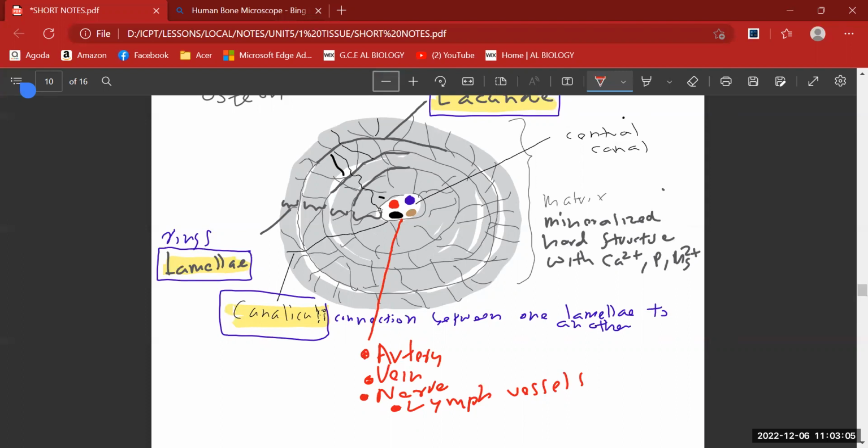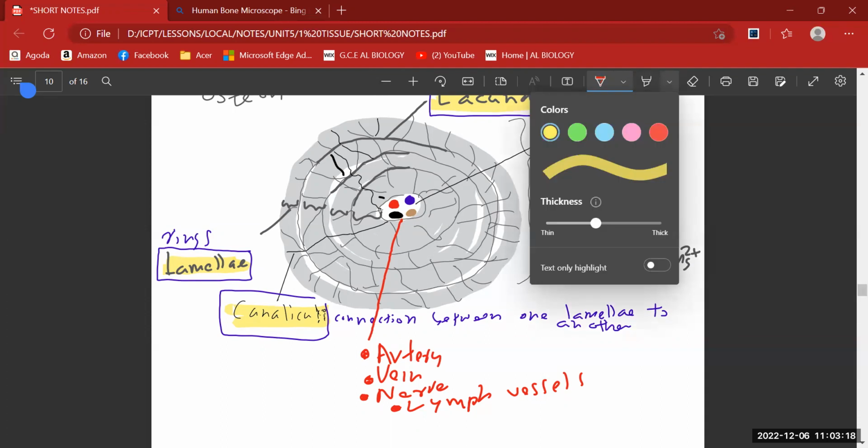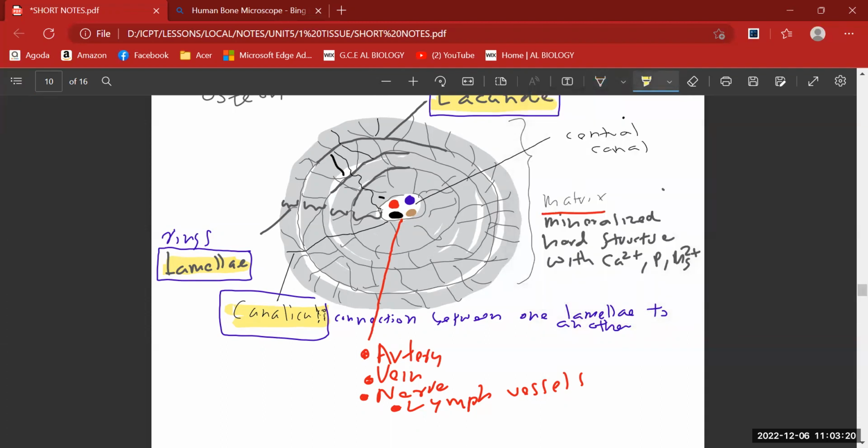Okay, we haven't seen any cells now. We just said matrix. It's a flat form of minerals, but we haven't seen cells. Next, we're going to add cells to the bone because bone has cells as well.